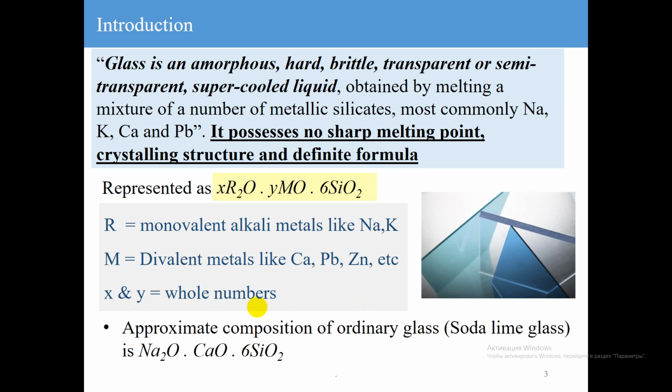Approximate composition of ordinary glass, soda lime glass, is natrium 2 O, calcium O, and 6 silica. So silica is the glass-forming oxide.